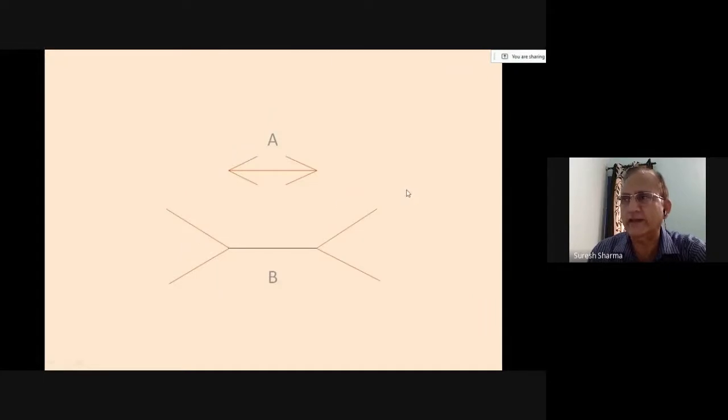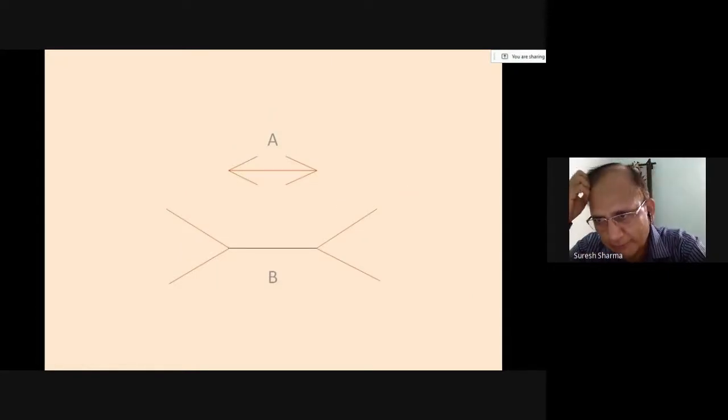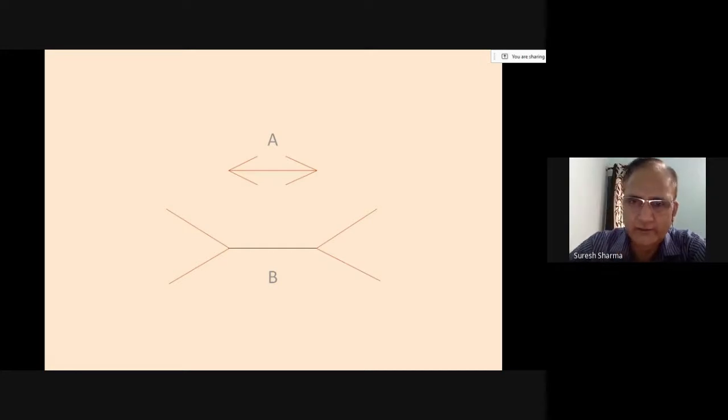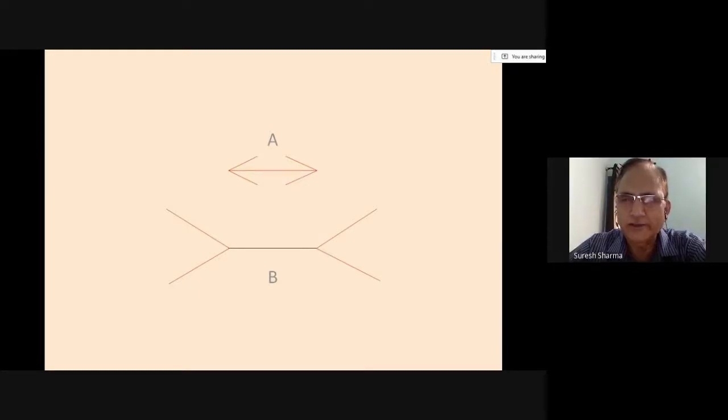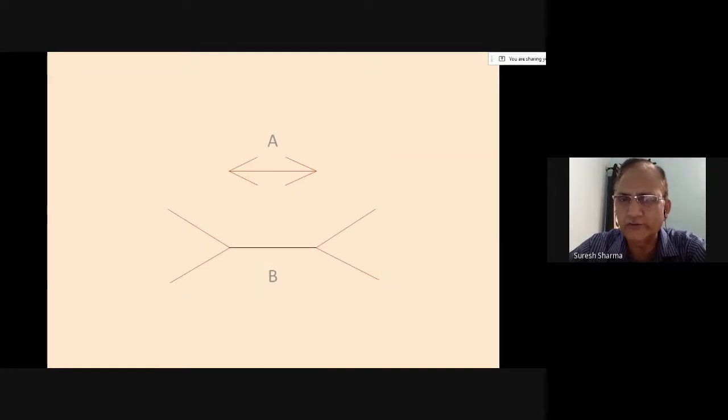With this background, I'll show you a picture. This is an exercise for you. Can you see the A and B lines? Just answer one question: does A look smaller or does B look smaller, if you see from your eye?